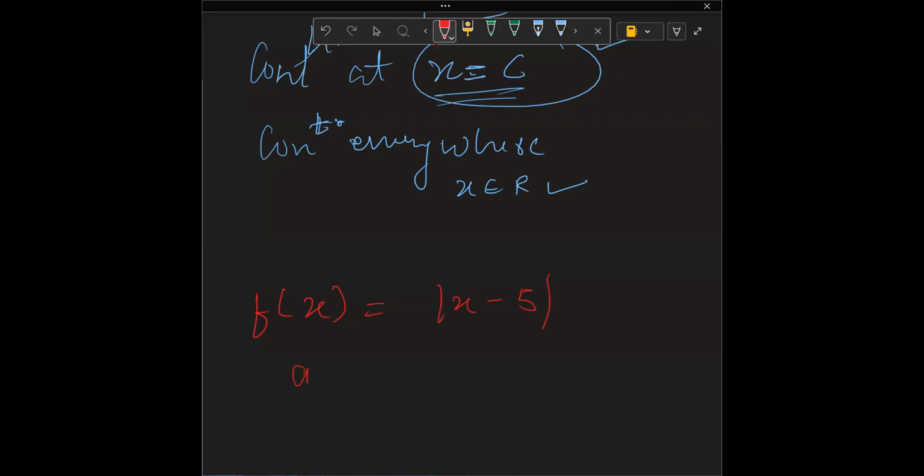You have to check whether this function is continuous at x equals to 5 or not. Okay, sir. करो और बताओ मेरे को whether this is continuous at x equals to 5 or not.